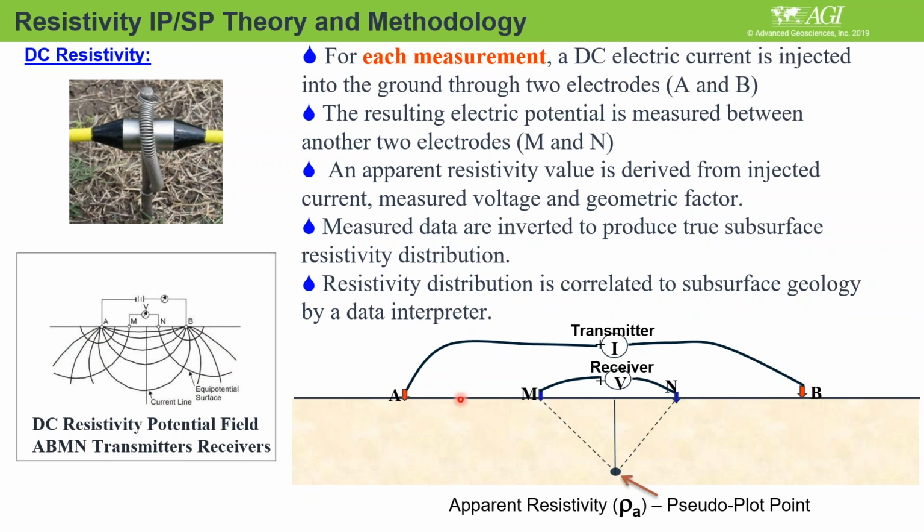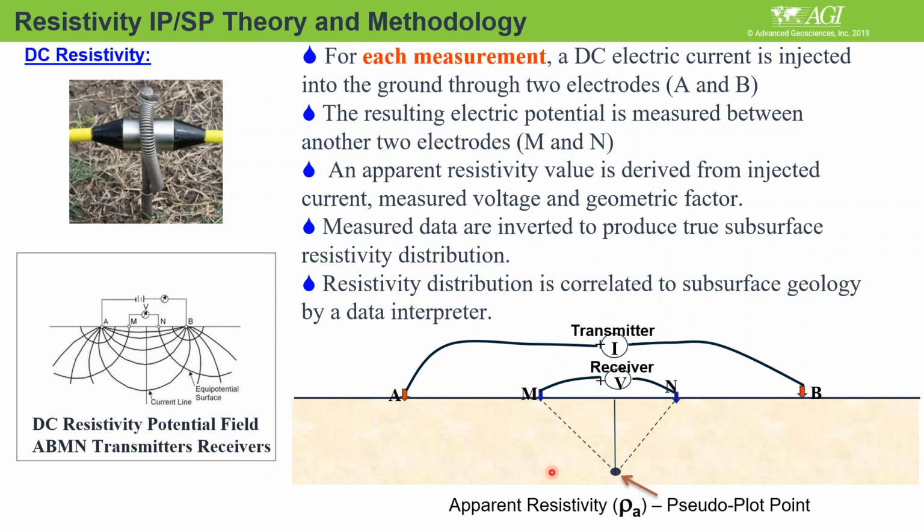So what you're trying to measure is between two other points, which we call the potential electrodes, M and N. The other lines you can see are circles around, let's say, between B and A. This is typically what we call the potential lines.